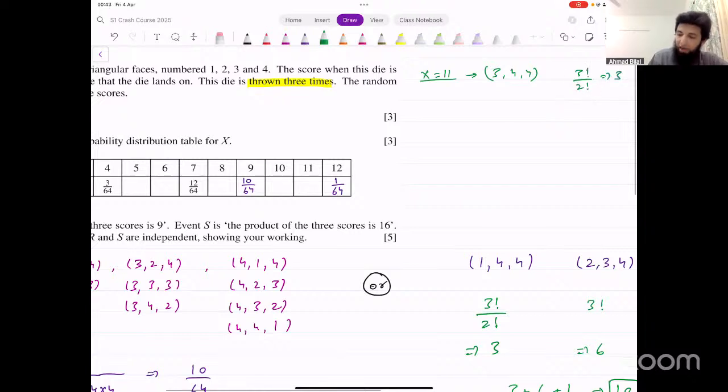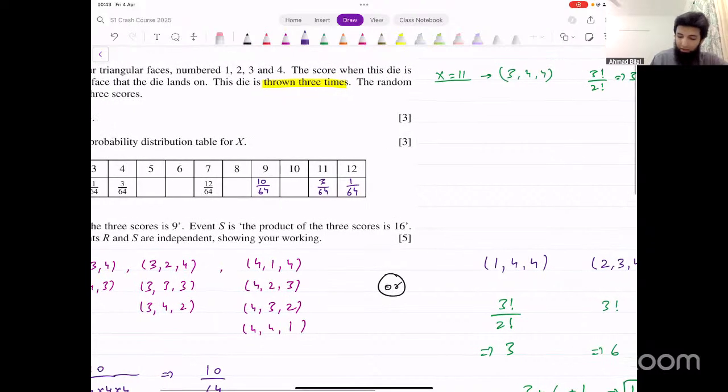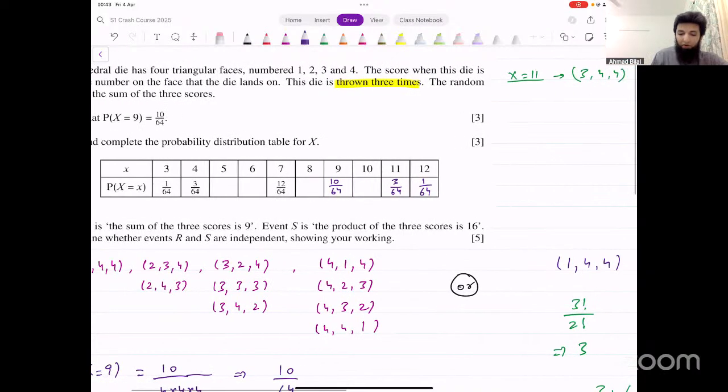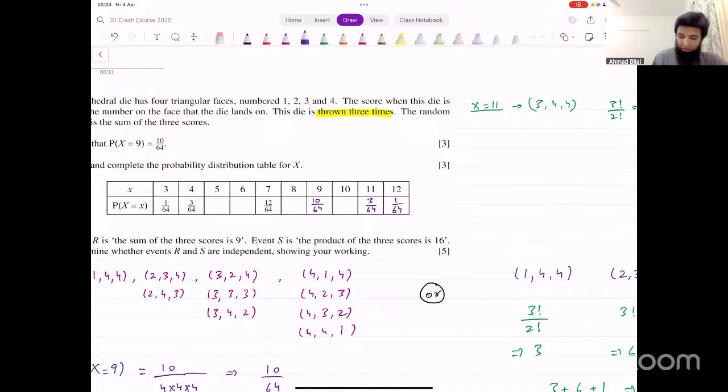That's 3 out of how many? 64. So this would be 3/64. Okay, let's try 10 or 5. You should be able to look out for a pattern here as well. It looks like it's following some kind of pattern. This is 1/64. It's 1/64 here. This is 3/64. This is also 3/64. Let's just confirm what's happening with the rest of them.